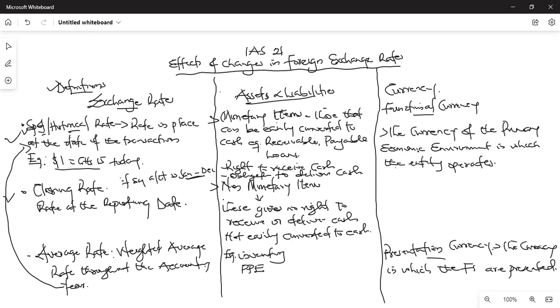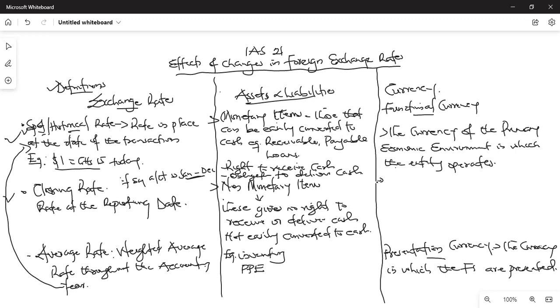Herein what we are trying to say is that usually it is the currency in which the majority of the entity's transactions take place. So that is where we can say this is your functional currency.